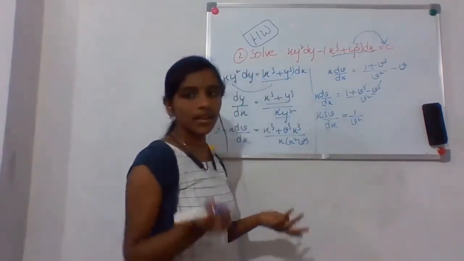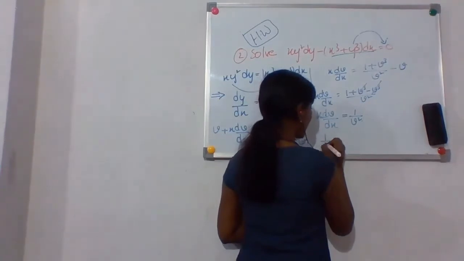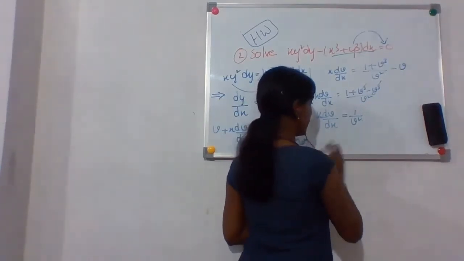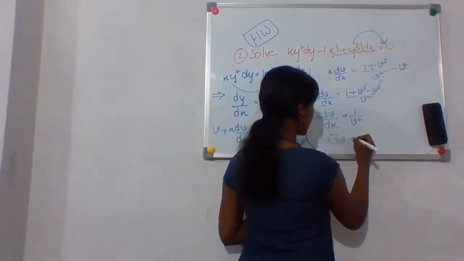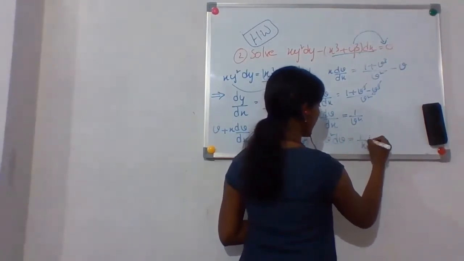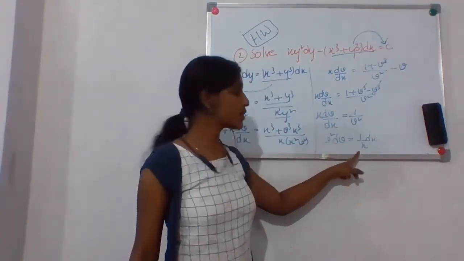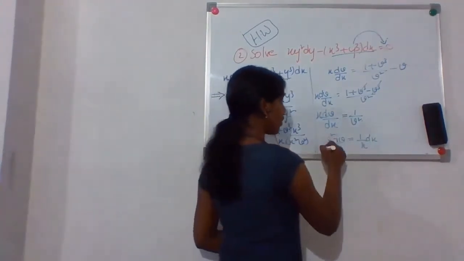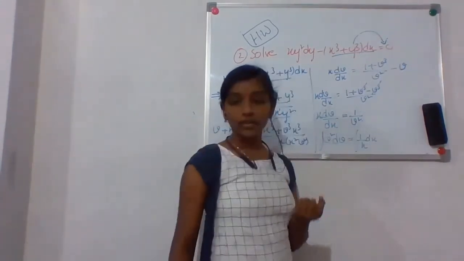Right? So now I can cross multiply and I get v square dv is equals to 1 by x dx. v square dv equals to 1 by x dx, and then you are going to integrate the same and you will get the answer.